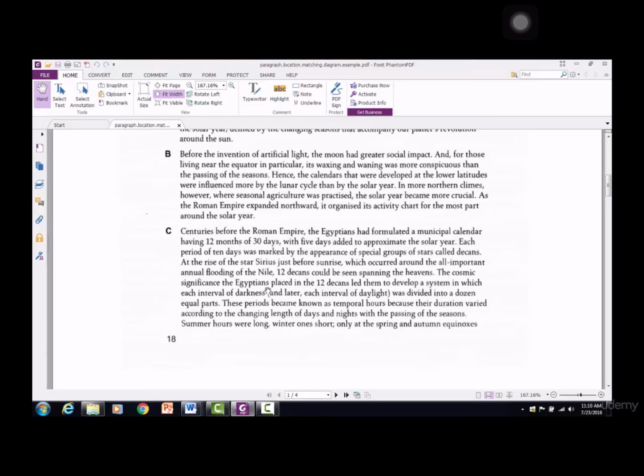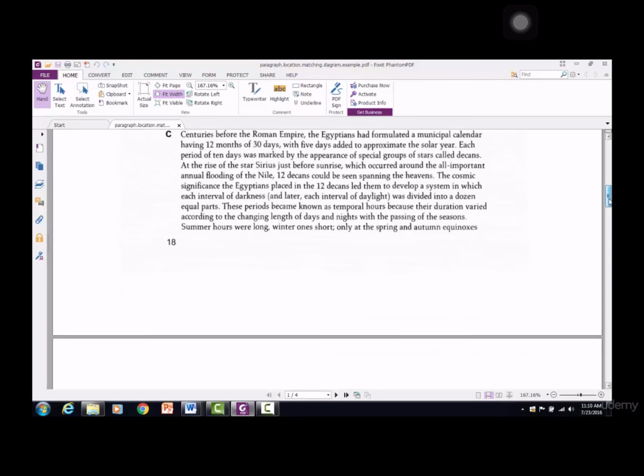Now, if we look at the other sentence with the Egyptians, it says the cosmic significance the Egyptians placed in the 12 deacons led them to develop a system in which each interval of darkness was divided into a dozen equal parts. So 12 months, 30 days, divided into equal parts.